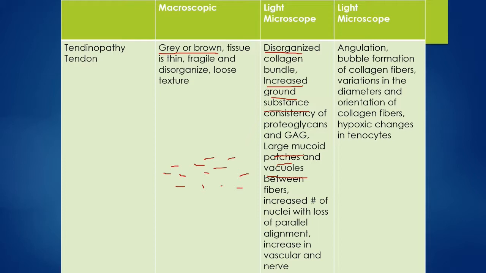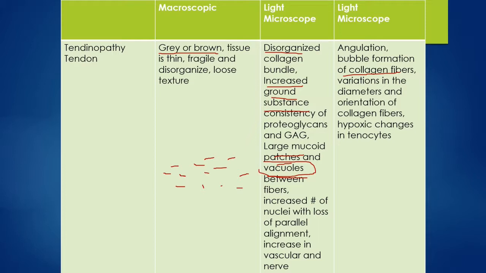We see that there is angulation and bubble formation of collagen fibers, which is due to the infiltration of vacuoles. We see there's variations in the diameter and orientation of the collagen fibers due to various types of collagen fibers now making presence within the extracellular matrix, including type 1 collagen, type 3 collagen, and type 5 collagen.